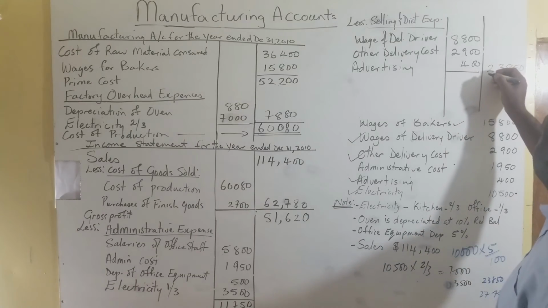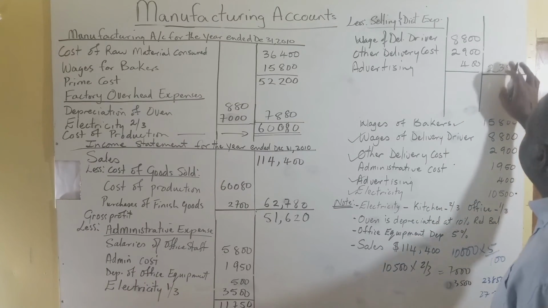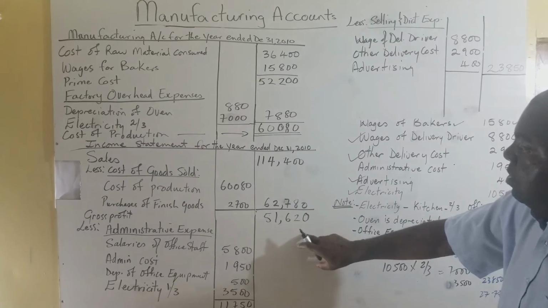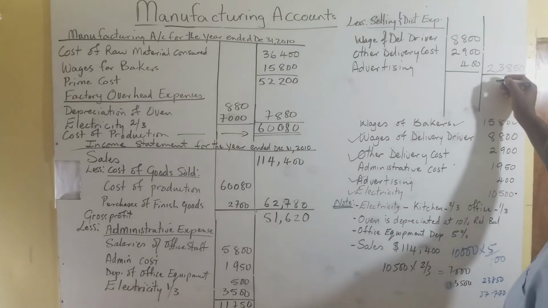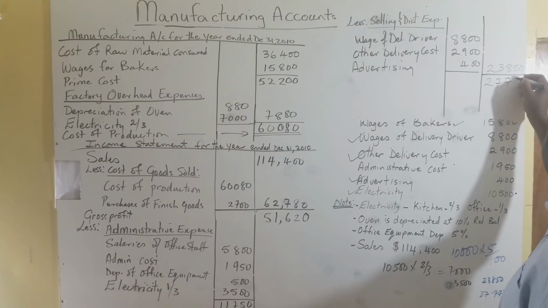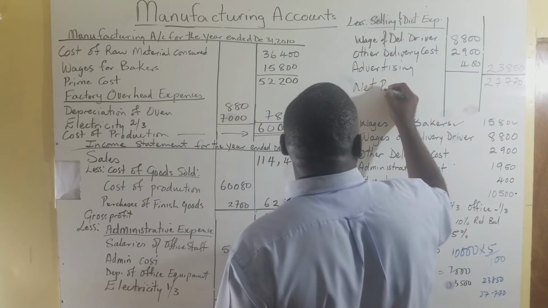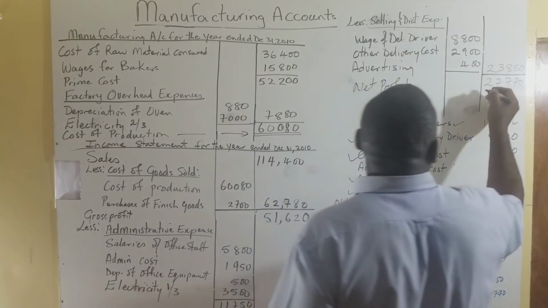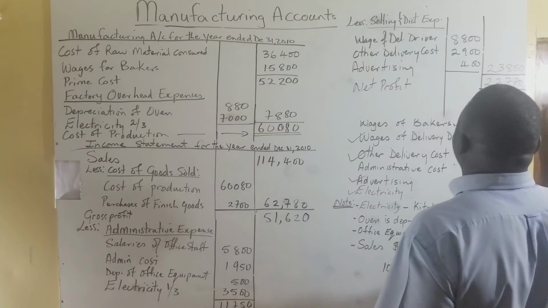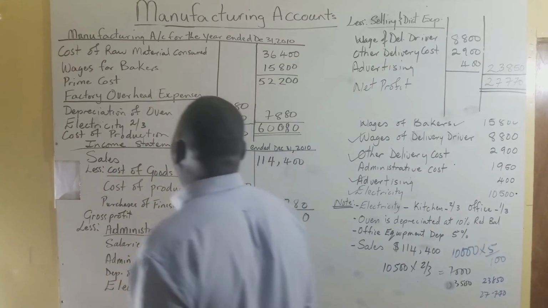That's our total expenses. We're going to subtract this figure from our gross profit to give us our net profit, and when we take that from that, it's going to be 27,770, and that is our net profit. We can double line in closing now. Okay, there you have it.